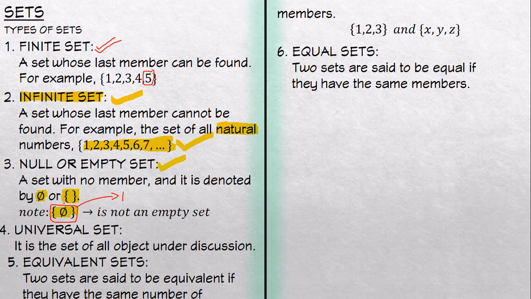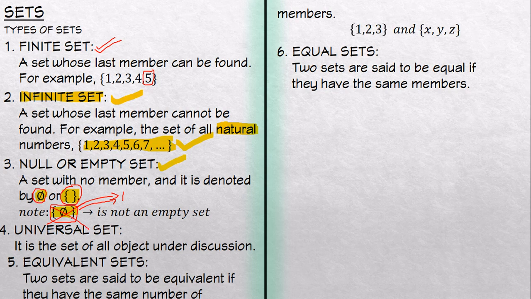But if you are really talking about the empty set or the null set, then it should be this or that, which means that the cardinality of the empty set is supposed to be 0. If you do this, you are going to get the cardinality to be 1. So please make sure that you don't do this.